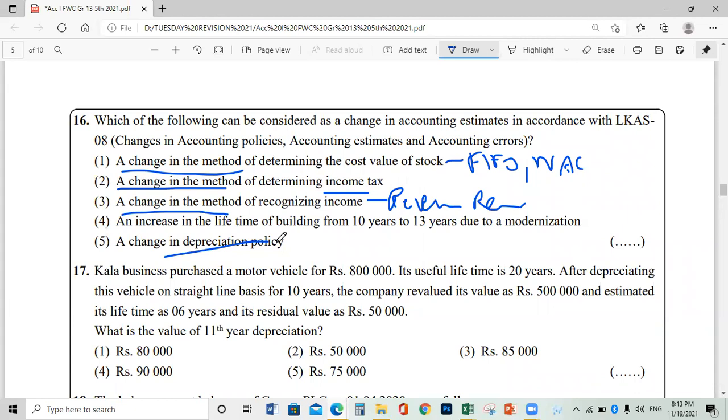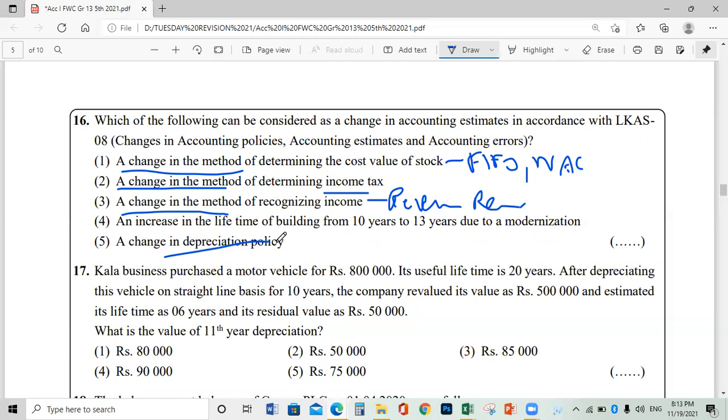Some businesses follow first year depreciation is 0, and at the year of disposal it's full. There are different policies. So now they are asking which is the answer which shows an estimate. Estimates are, guys, things where you don't know what is going to happen in the future. You're just changing it based on judgment.